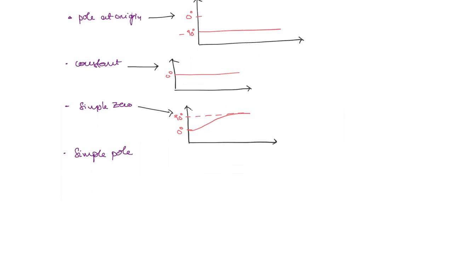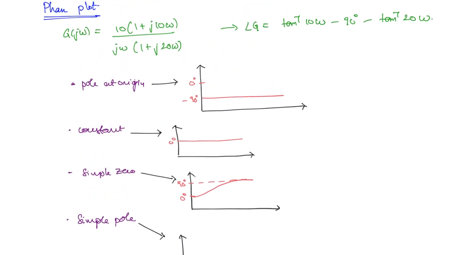Finally, what about the simple pole? This is going to start at 0 degrees and it will reach minus 90 degrees. But when compared to the simple zero, it will go at a faster rate. Why is that the case? Because the function here is 1 plus j 20 omega. The phase here is tan inverse 20 omega, and this one is tan inverse 10 omega.